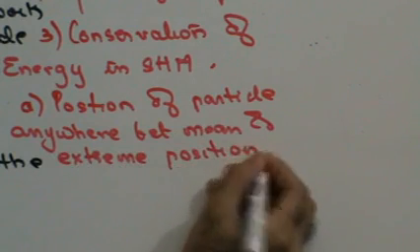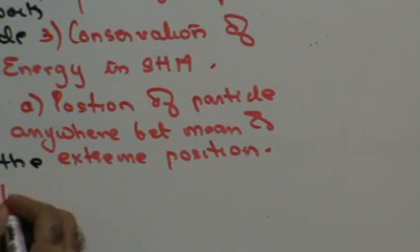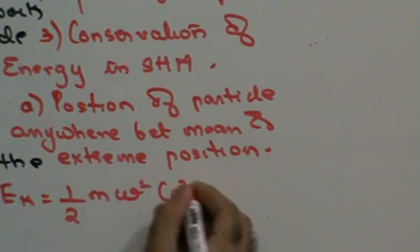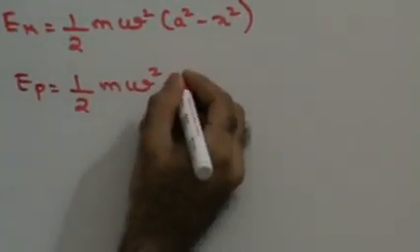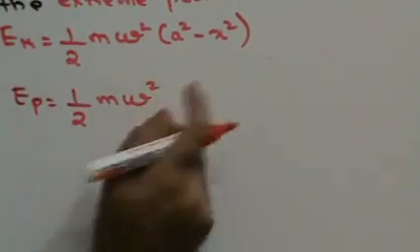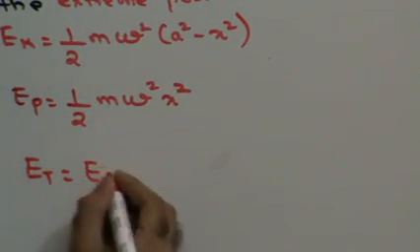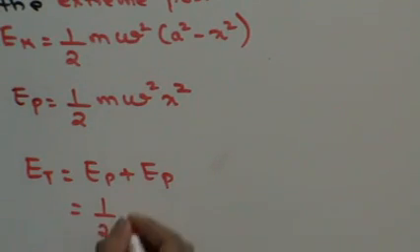If the particle is anywhere between mean and extreme position, then kinetic energy of such a particle will be half m omega square, a square minus x square. We have already derived this. Potential energy of the particle will be half m omega square x square, sorry, and total energy of the particle E will be nothing but sum of potential energy and kinetic energy, which again we have derived is nothing but half m omega square a square.